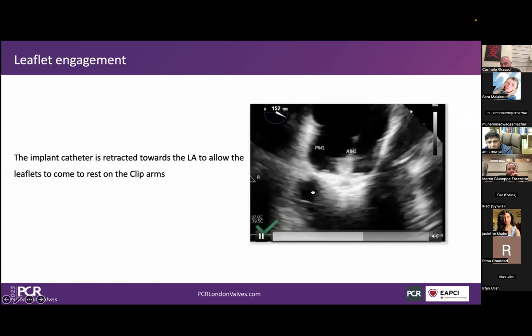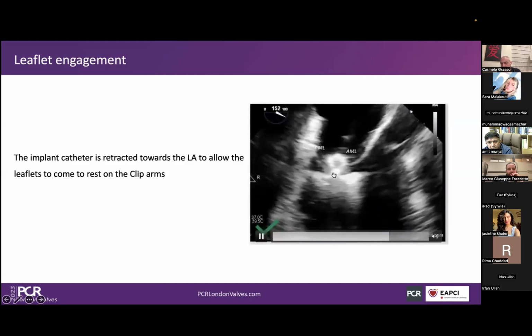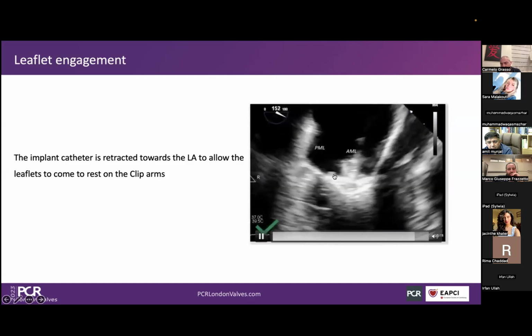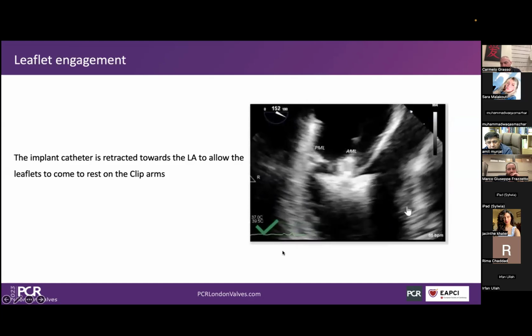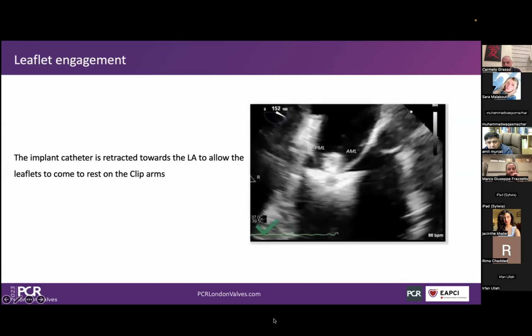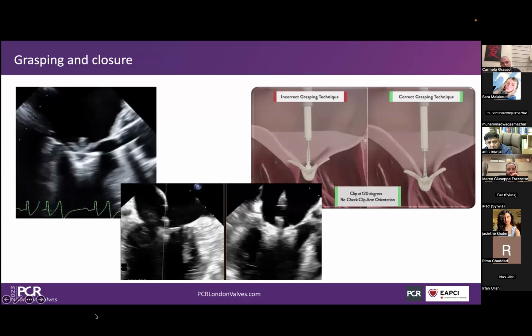Once you have this image, and you can see that the tips of the leaflets are deep into the device, this is a good position. So you see that the leaflets are moving less, and they are still deep inside the device. And then you can start to do the grasping procedure.